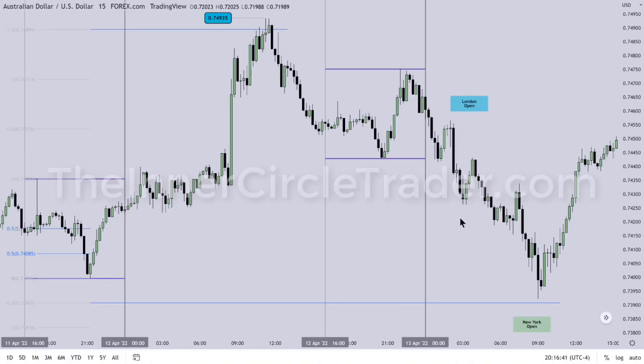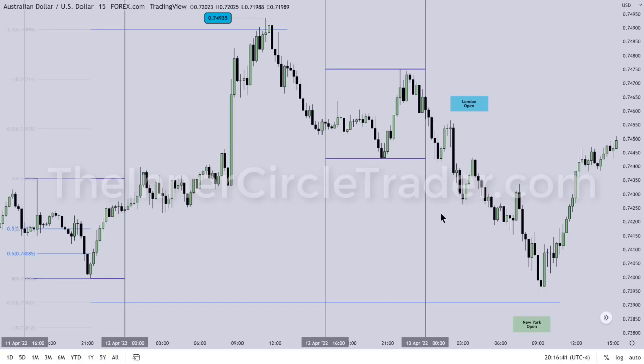What's the bias? It's bearish. We're aiming for a run below that low here. And we anticipate what? London creates an important high or a high of the day. And then it expands down into New York Open and potentially even later into London close. But we're using these 2 time zones, if you will, in terms of kill zones.